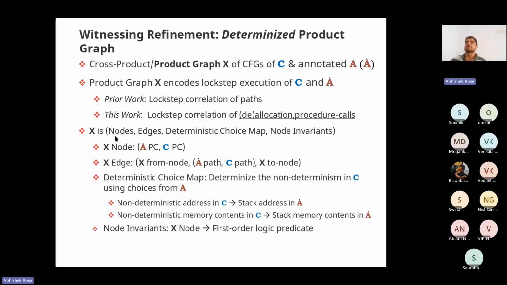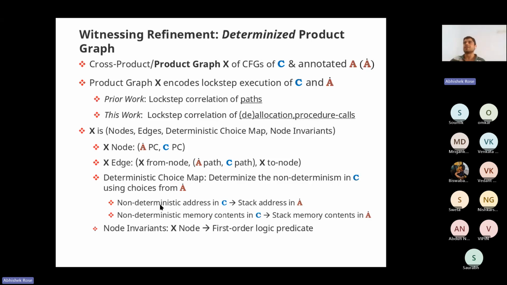So a product program is a tuple of nodes, which correspond to program points, that is, a program point in the assembly program and a C program; edges, which correspond to acyclic paths in C and A; and a deterministic choice map. A deterministic choice map determinizes the non-determinism in C according to A. Essentially, this is the choice that the compiler makes, and we are capturing that here.